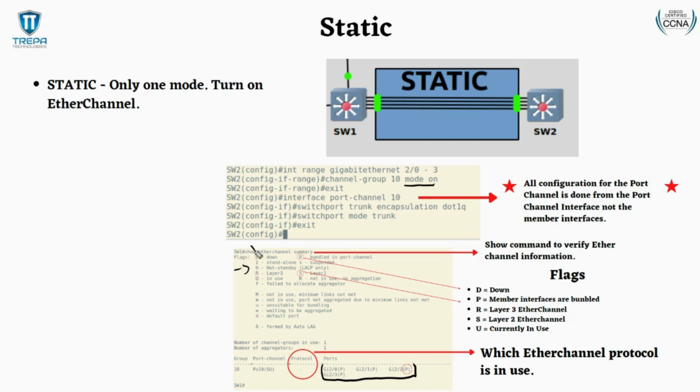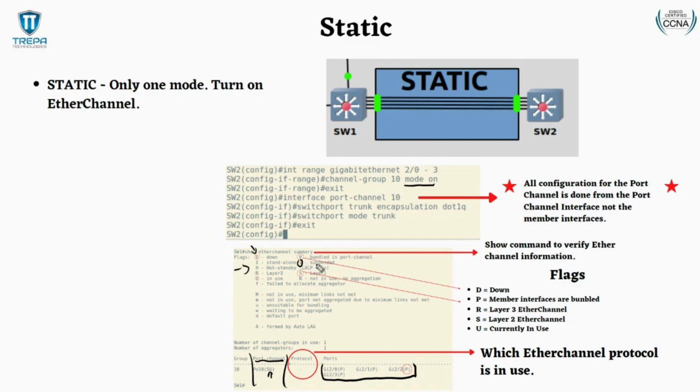So capital D here, if we see that flag under this port channel column, that means our Ether channel is not working. It means one of the member interfaces is in the wrong mode, we can't actively negotiate with the other side, or we're suspended, or we're just down.